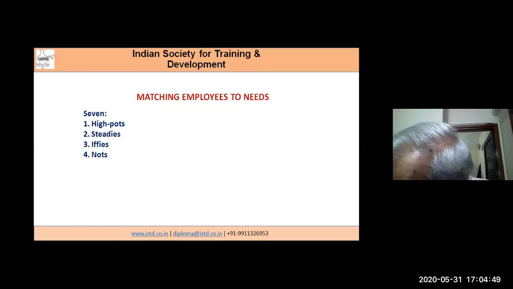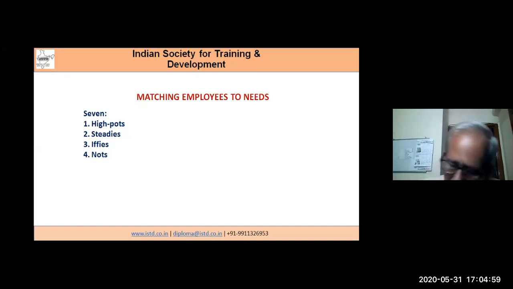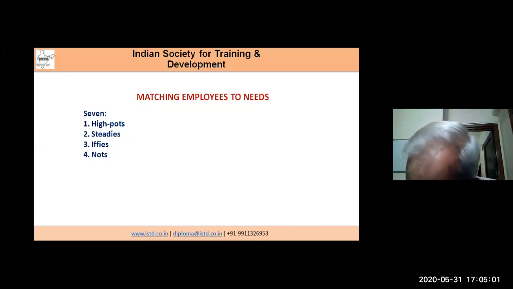In terms of the 10, 20, 70 principle that we make, I wanted to understand the role of the reporting manager or the departmental heads.